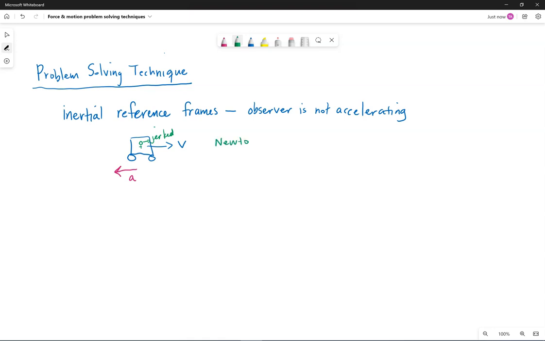If you remember, Newton's first law, for every object that is moving, its motion is going to continue with a constant velocity unless there's a net force acting on it. So our bodies in the car, we've been driving down the road, so our body, the inertia that we have, wants to keep going.